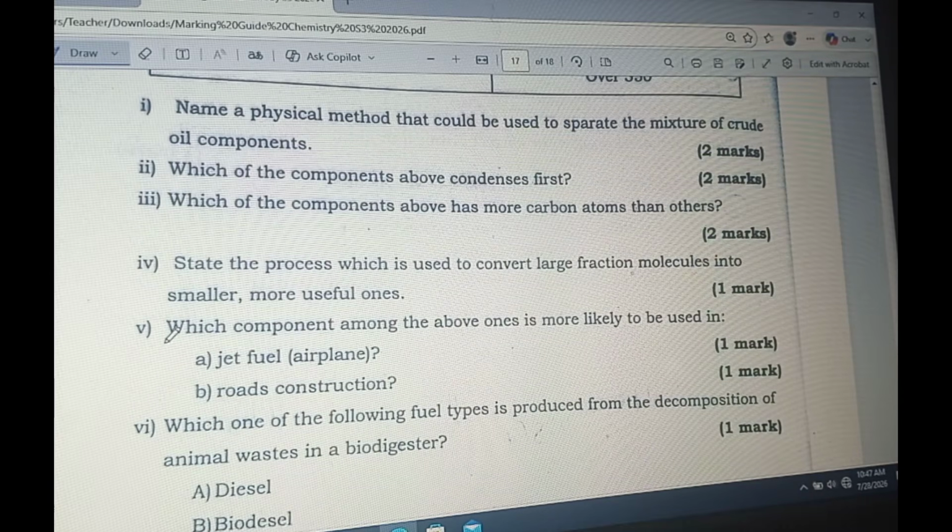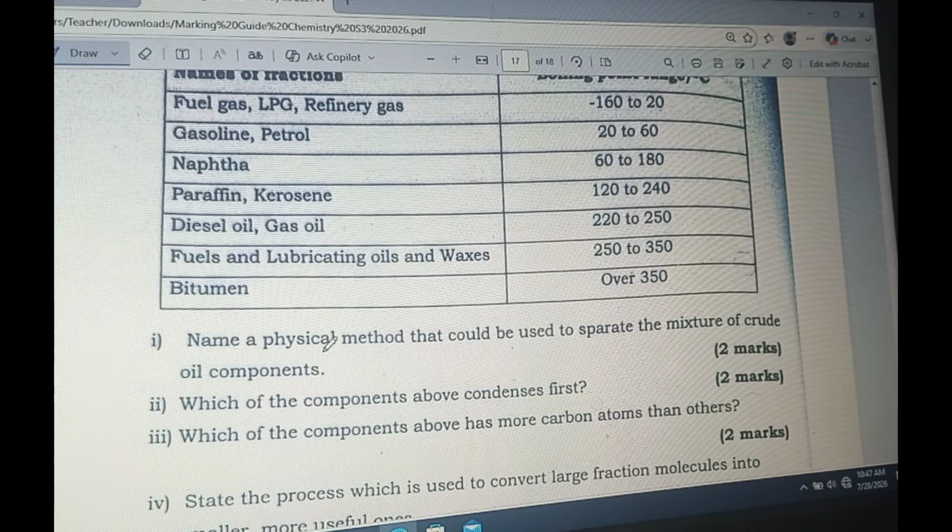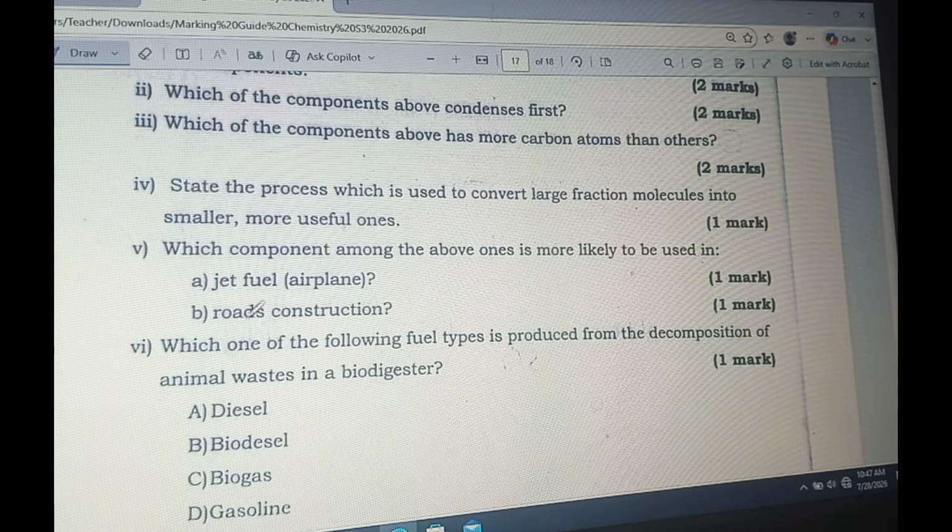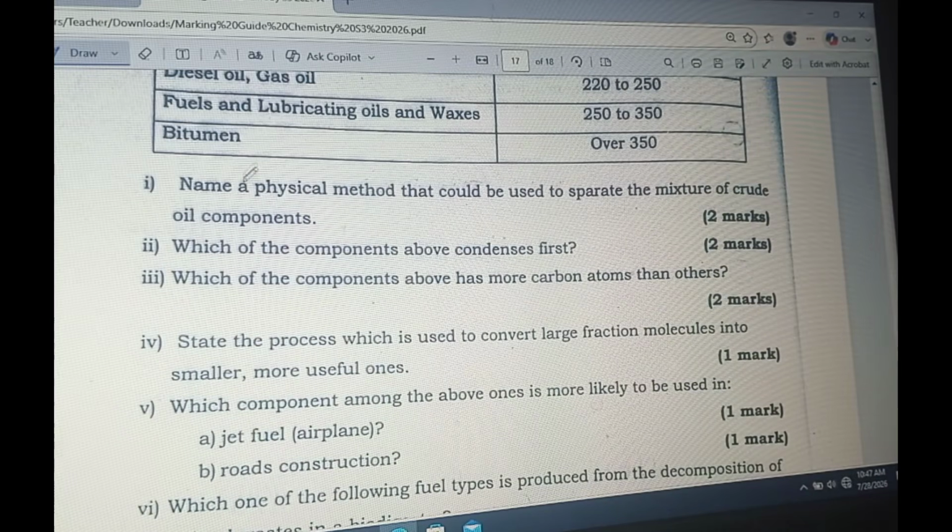V. Which component among the above is more likely to be used in A. jet fuel for airplanes? Is this one kerosene? Kerosene is used in jet fuel. B. Road construction, we use what we call bitumen.